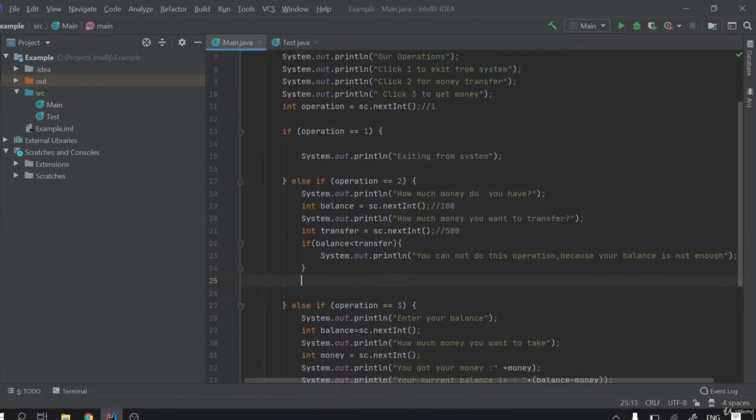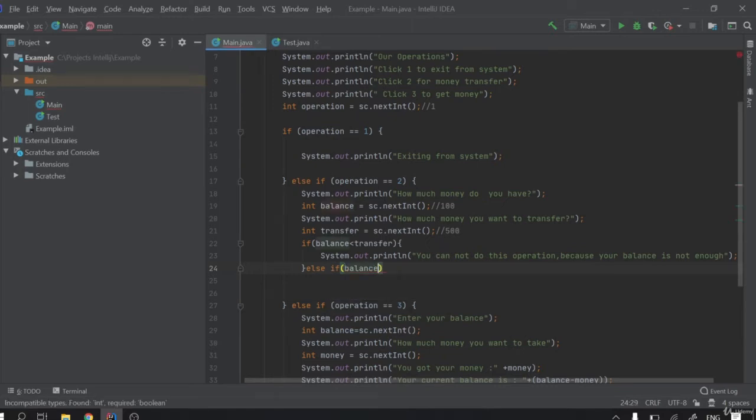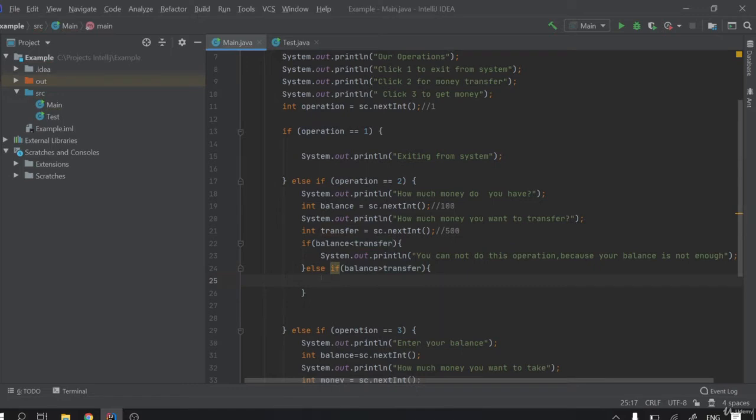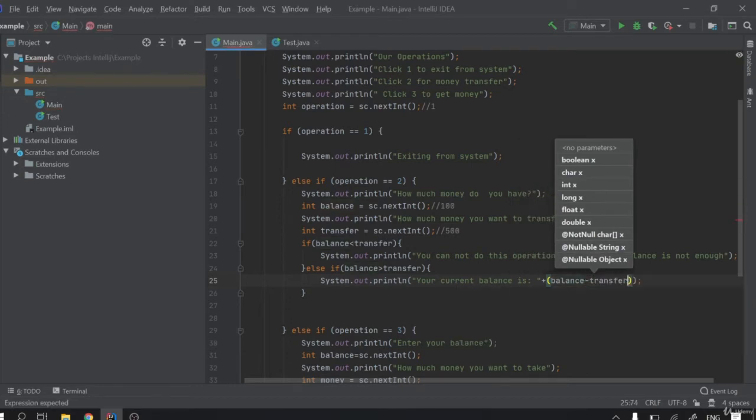But before we do this for 3, let's write here else if, and else if what we mean is balance bigger than transfer. And in this case I'm going to show him SOUT, and your current balance is balance minus transfer.